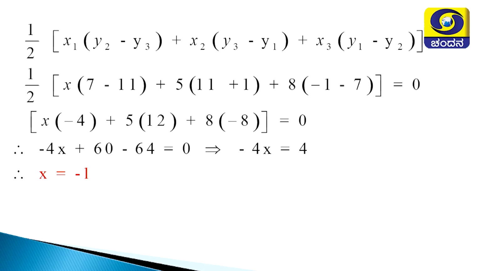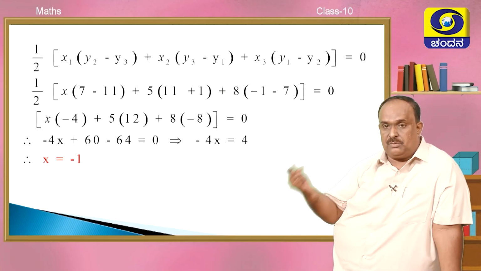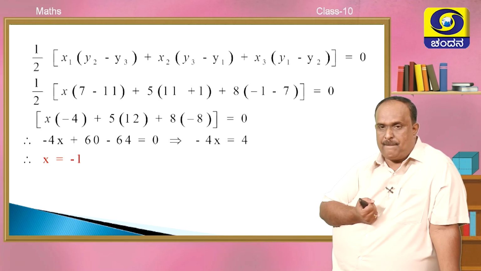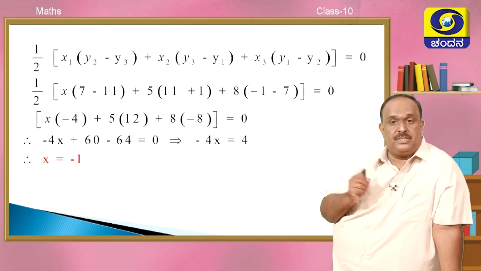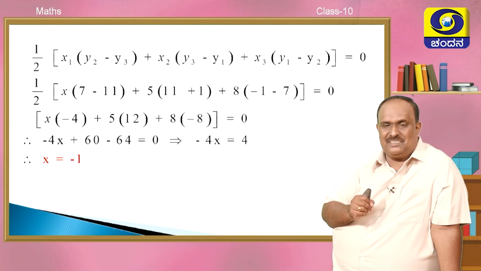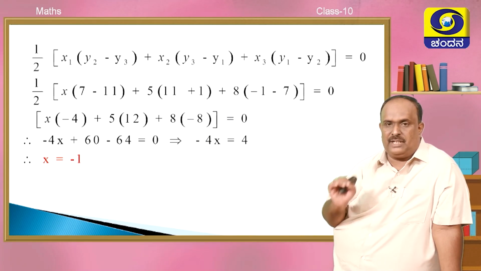Minus 4x plus 60 minus 64 equal to 0. Minus 4x minus 4 equal to 0, then minus 4x equal to 4, easy, then x equal to minus 1.